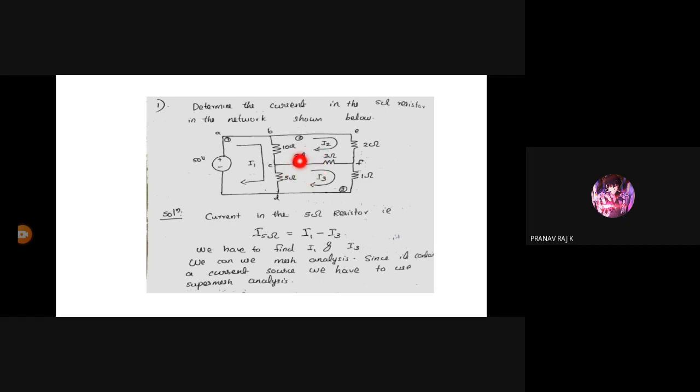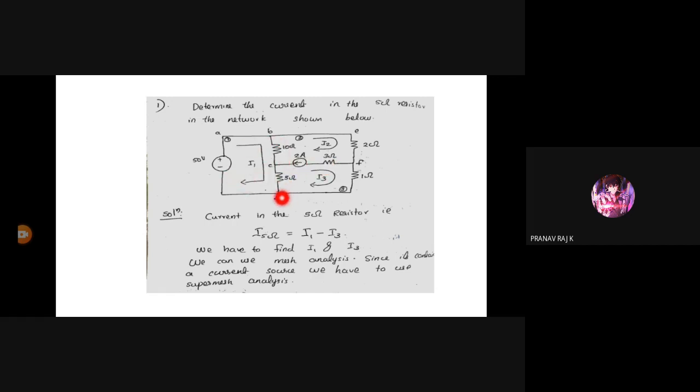So if you are applying mesh analysis and there is a current source in between two meshes, you have to consider this as a super mesh. So first of all, you have to eliminate or avoid the branch containing the 2 ampere source. So you have to redraw the circuit first.